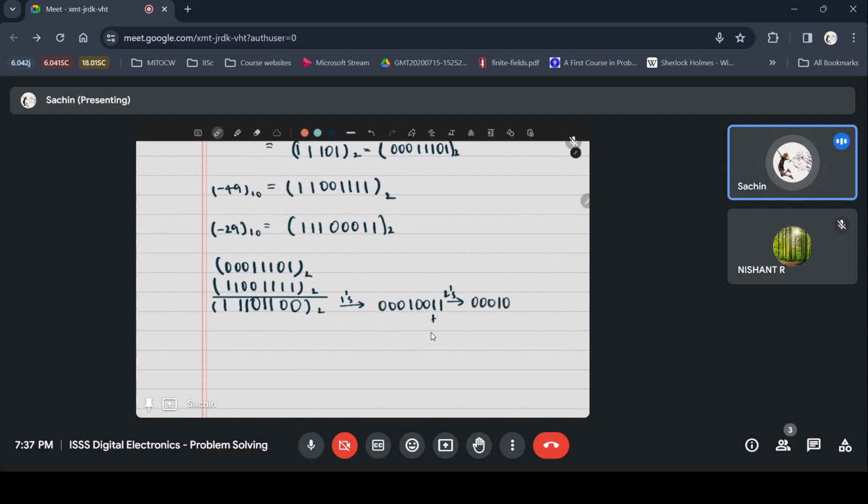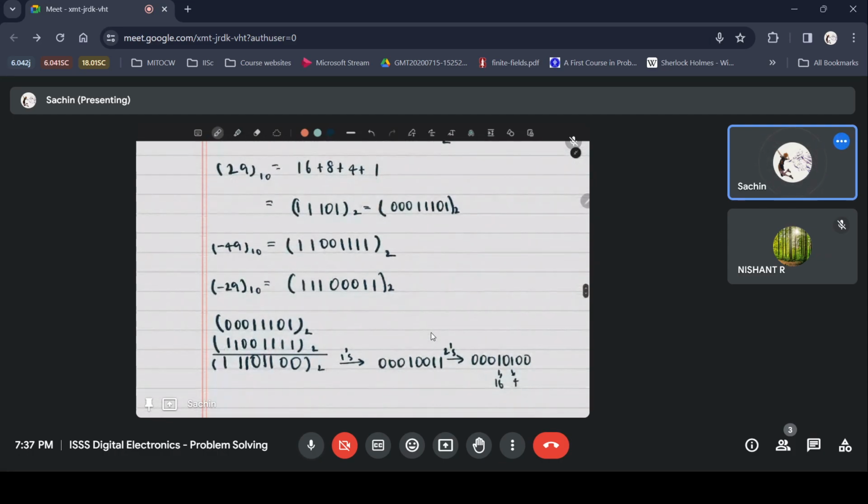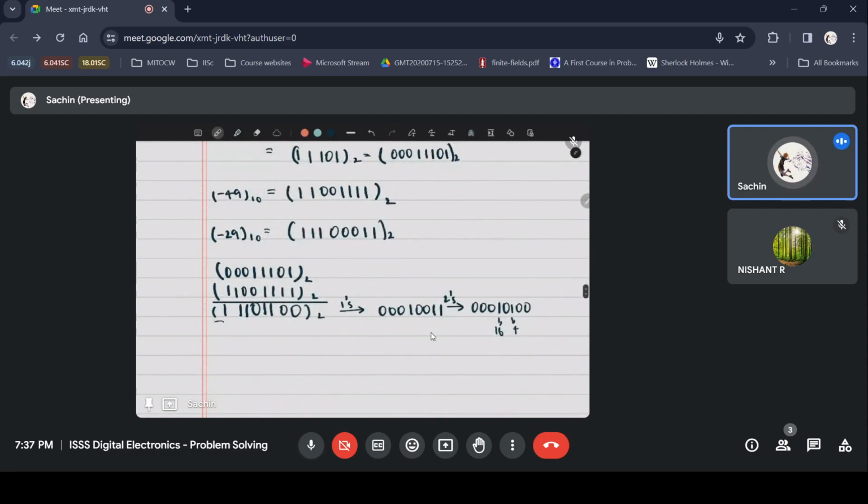One trick to use is, if there are zeros here, then this number is just 3, right? 011. If you add a 1, you'll get a 4. That's 100. So you don't need to carry over or do all those operations. You can just write it as 10100. This is nothing but 4 plus 16, 20. So minus 49 plus 29 is 20. And we had it in 2's complement negative form, so it was minus 20.